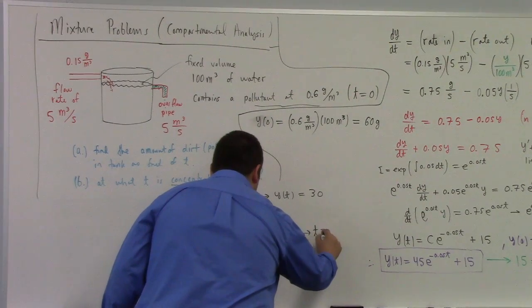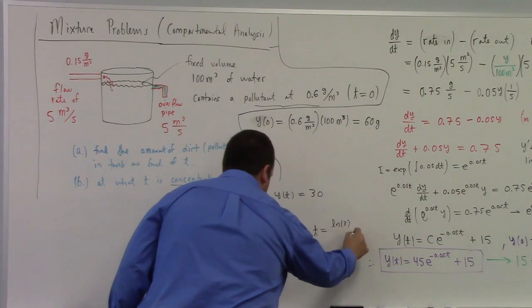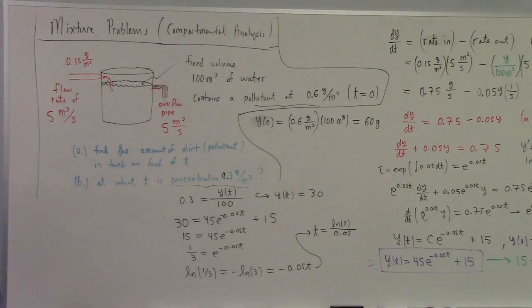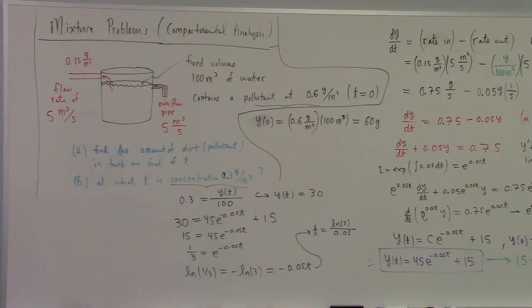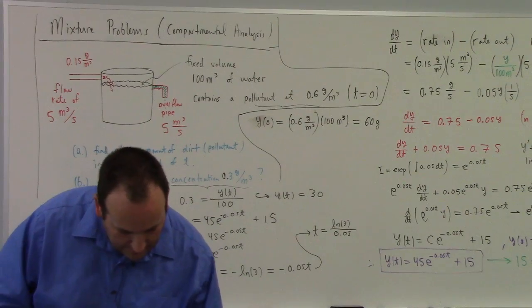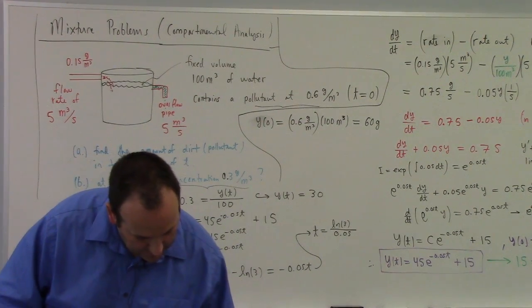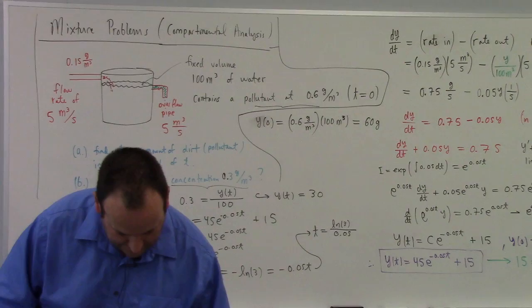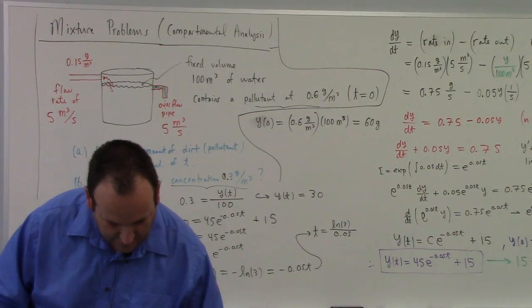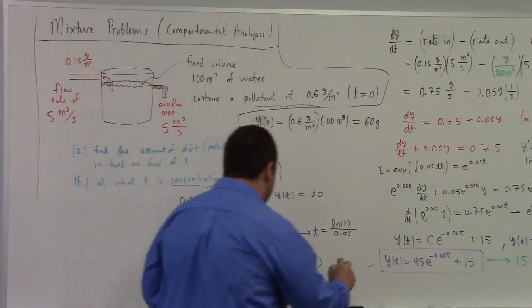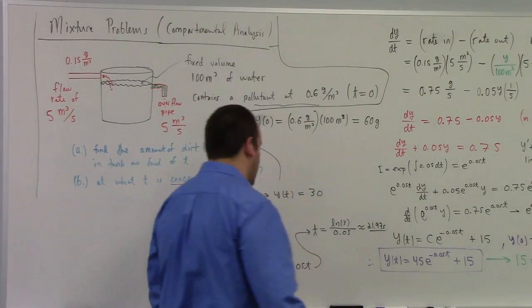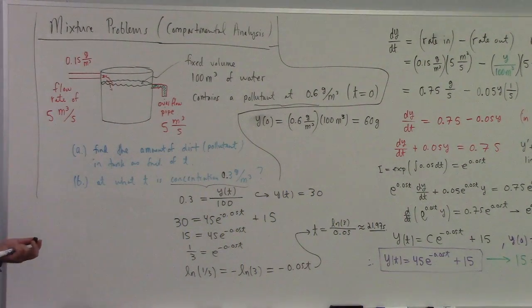So there you go, solve for t. You get the natural log of 3 divided by 0.05. That's the time in seconds when you'll get 30 grams and consequently a concentration of 0.3 grams per cubic meter. If I do the math, that works out to 21.97 seconds approximately. Okay. Any questions about this?